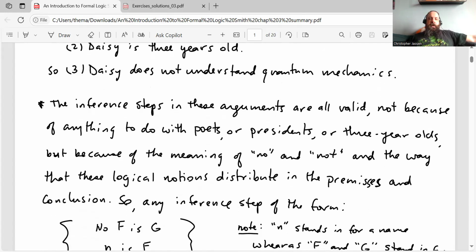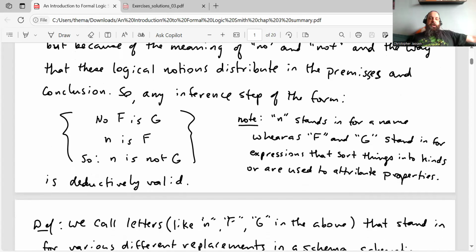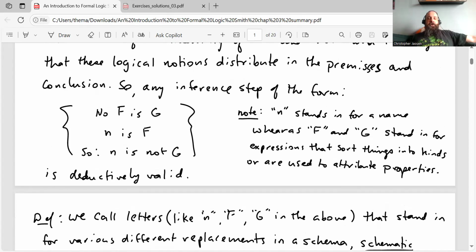Right. So the inference steps in these arguments are all valid, not because of anything to do with the content or to do with poets or presidents or 3-year-olds, but because of the meaning of no and not and the way that these logical notions distribute in the premises and conclusion. So any inference step of the form, no F is G, N is F, so N is not G is deductively valid.